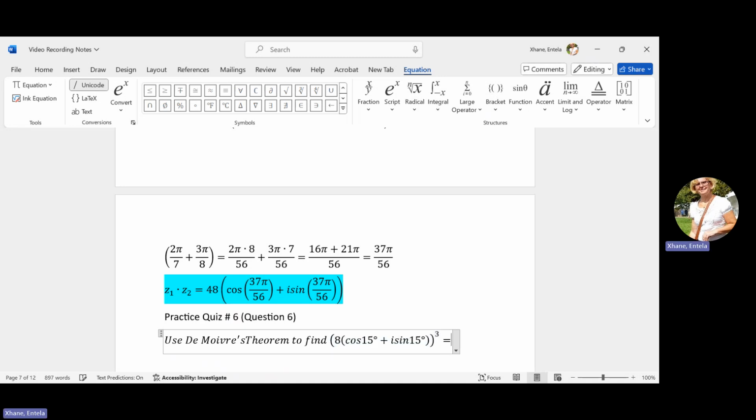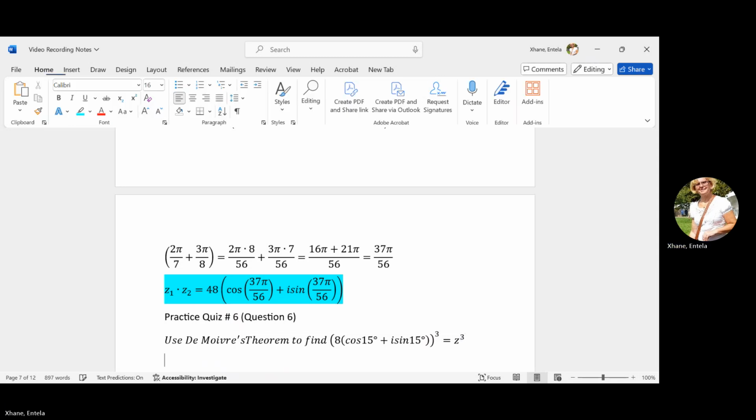So what is my understanding of this? This entire number that you see in there looks like a z in the polar form. So all you can do is write this as z to the power 3. Now here's what De Moivre's theorem is saying.